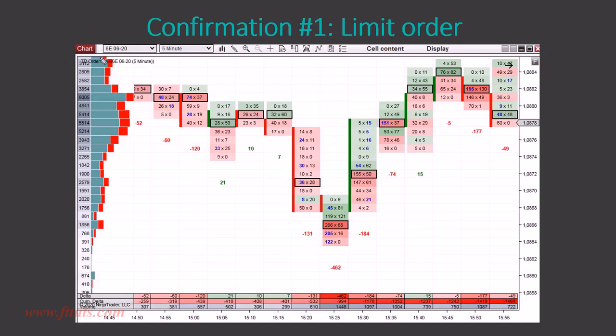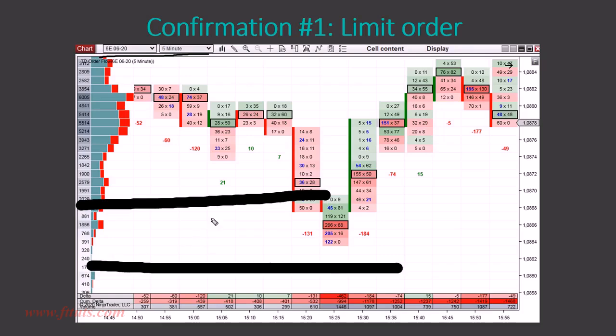Now, this is a 5-minute chart of the Euro futures. Let's say that somewhere in here was a strong support and you are waiting for a confirmation in this area. This is the confirmation, those big numbers, most likely buying limit orders. And as soon as they appear, as soon as you're able to tell that those numbers are way above average, then it is a signal that somebody big was also waiting in this area.